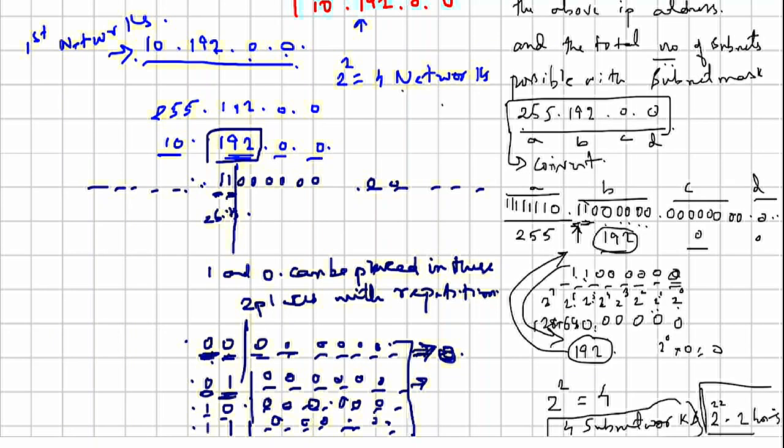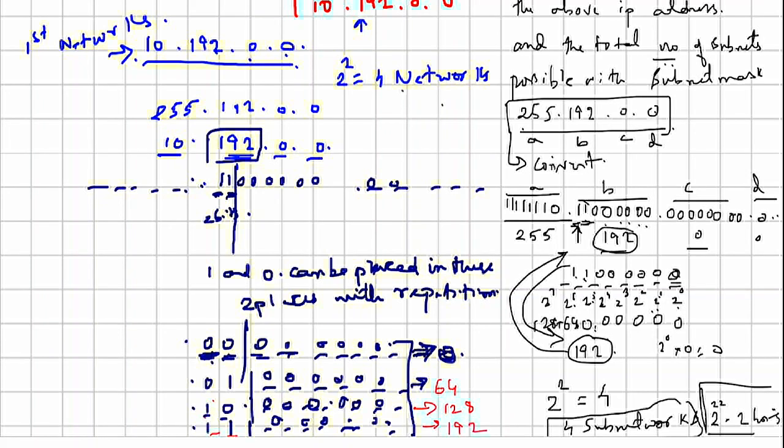Then 0 and 1 is 64, 1 and 0 is 128, and 1 and 1 is 192.